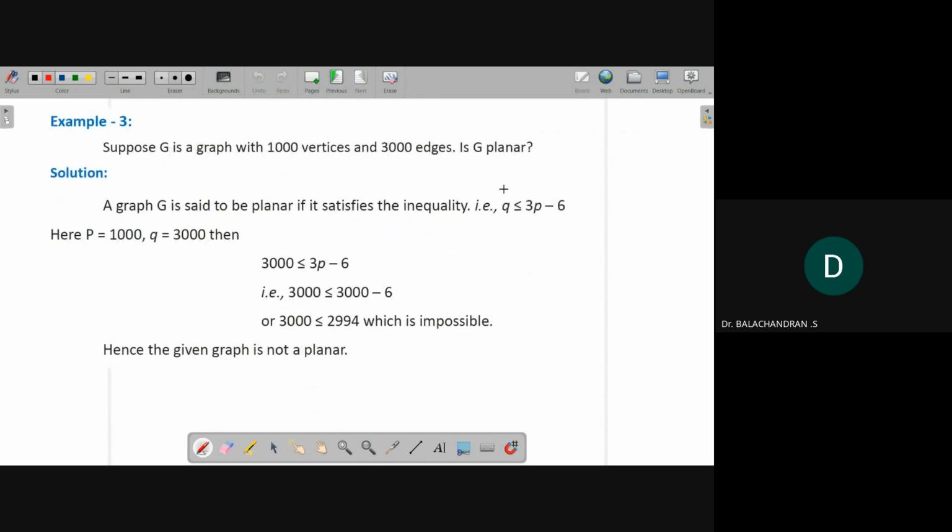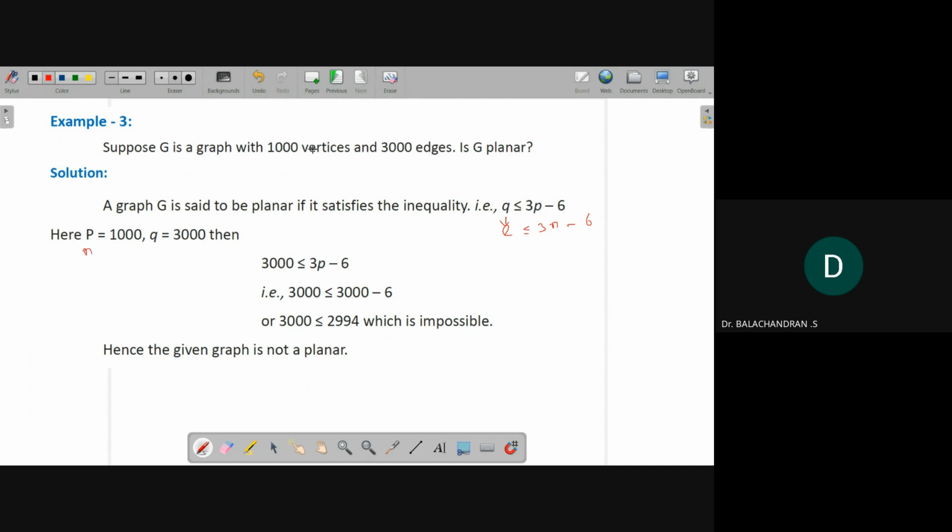Instead of E, they may give Q, and instead of n, they may take P. So even I can take E less than or equal to 3n minus 6.